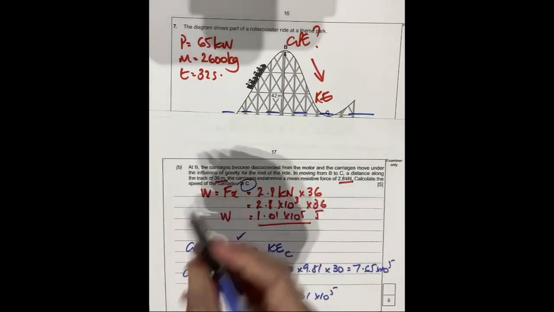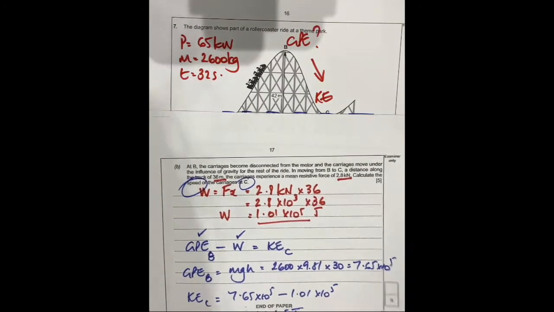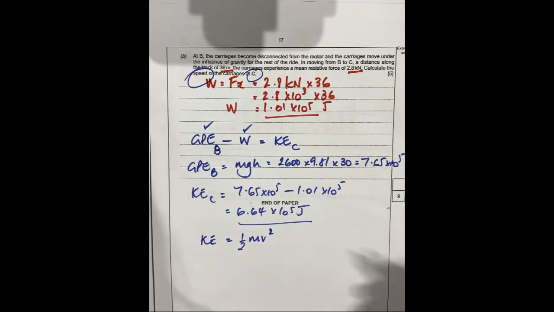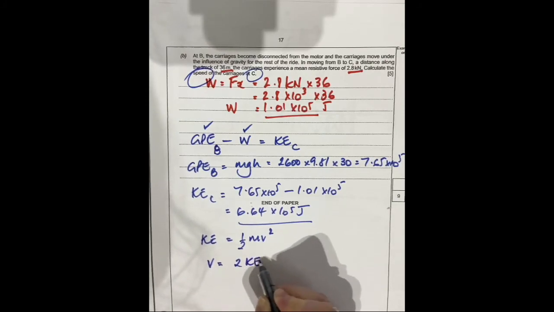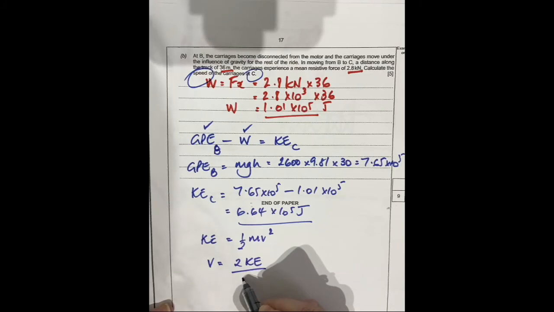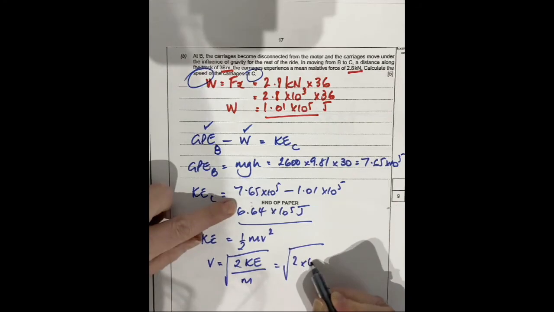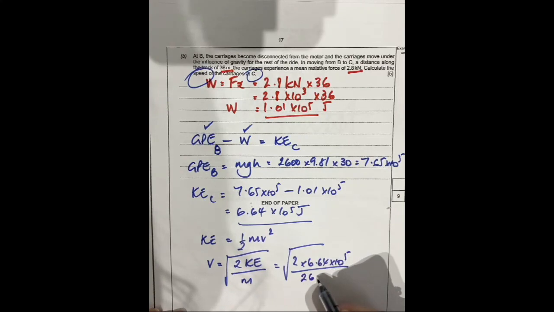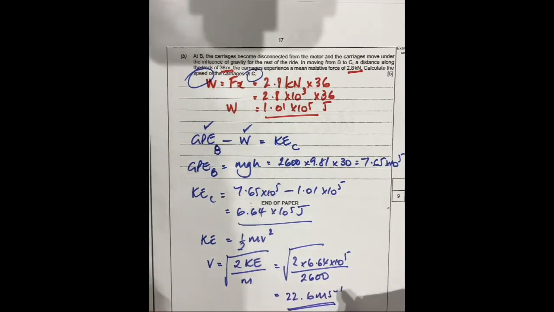We can now work out the speed, because remember, kinetic energy equals a half mv squared. All right, so v is the square root of 2 times KE over m. So that's the square root of 2 times 6.64 times 10 to the 5 over, what was it, 2,600. Okay, 22.6 metres per second.